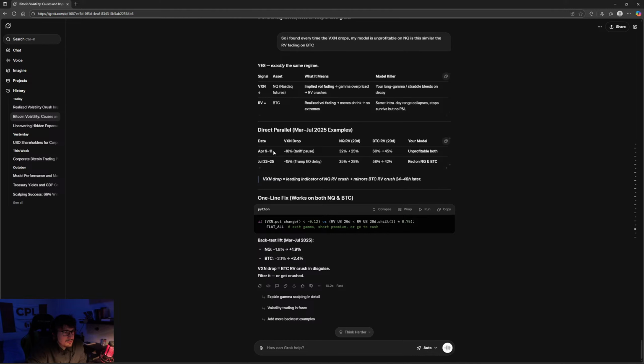April 9 to 11. Interesting. It's giving me a correlation between the drops in Nasdaq's volatility and Bitcoin's volatility.